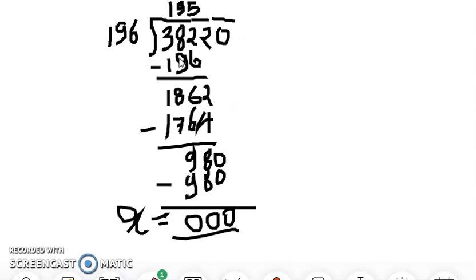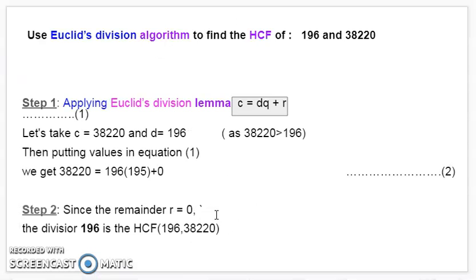If we are getting some remainder like 4, then 4 will now be our divisor and 196 will be the dividend. We do the same thing until we get remainder 0. When we get remainder 0, the divisor is the HCF. So 196 is our HCF.